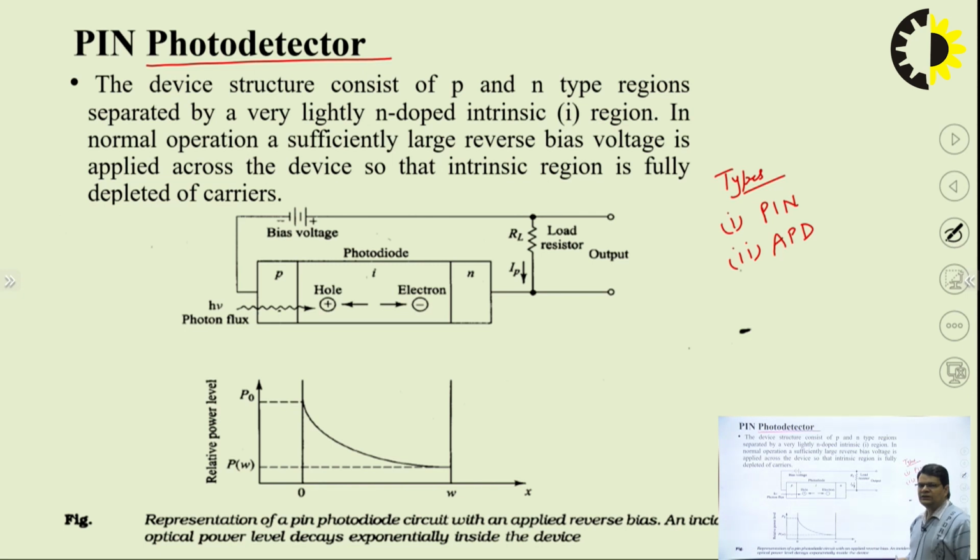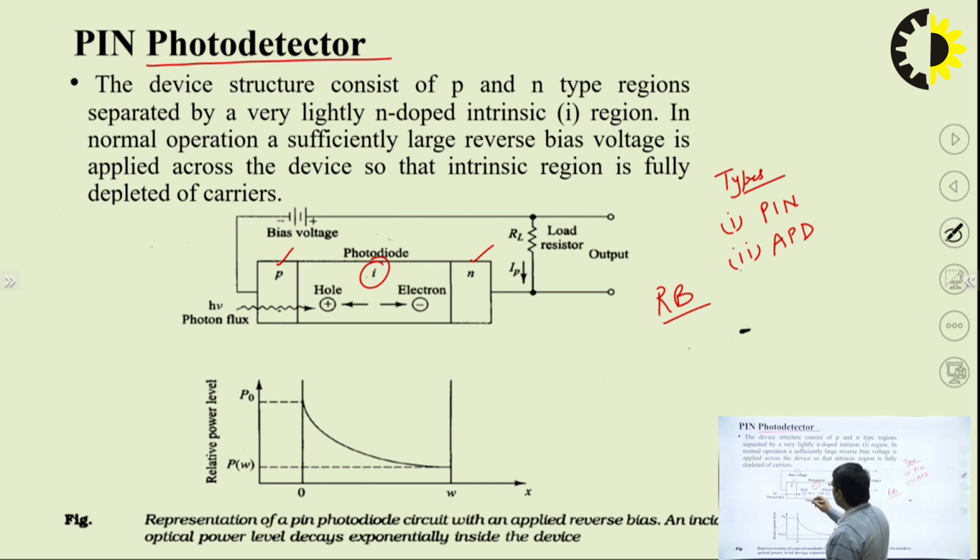As is clear from the name, the structure of this PIN photodiode has a P-type layer, an N-type layer and an intrinsic layer, the I layer. And as we have studied in the physical principle, this photodiode also works with reverse biasing.